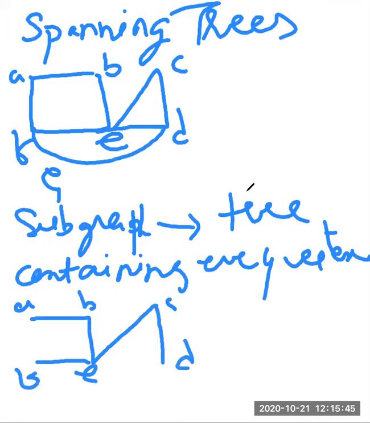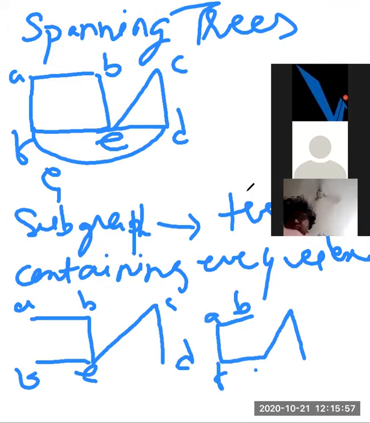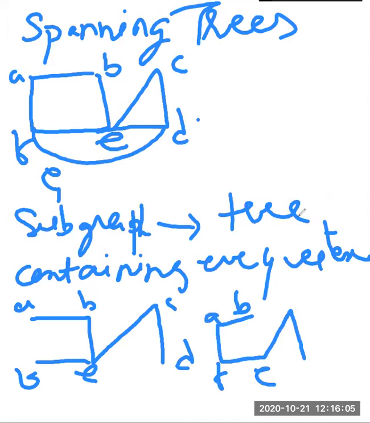Or it could be the other way, that is B, A, F, E, C, and D. So there could be other spanning trees. So for a given graph, there could be many spanning trees.